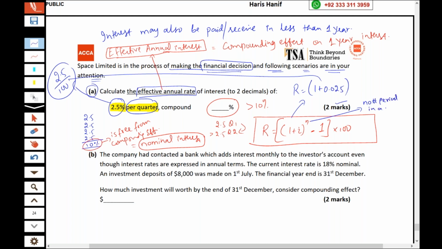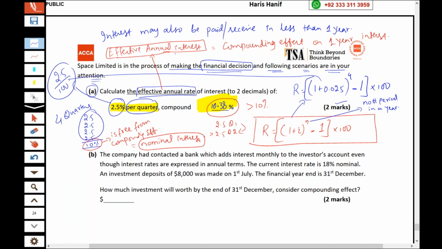There are 4 quarters, so give the power of 4, minus 1, and then multiply by 100. You will have your answer over here. That is effectively 10.38%. It is greater than 10%.